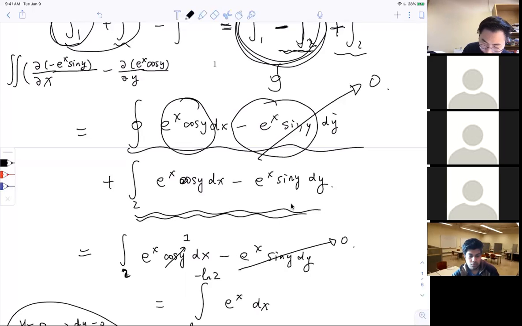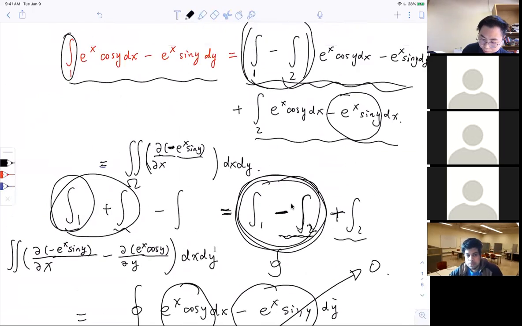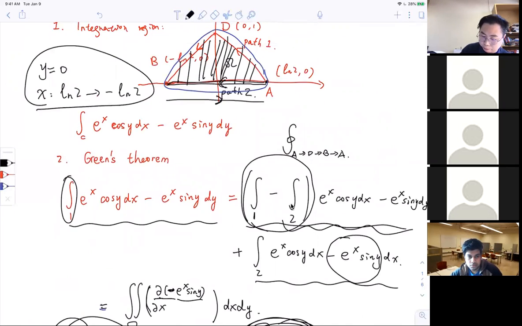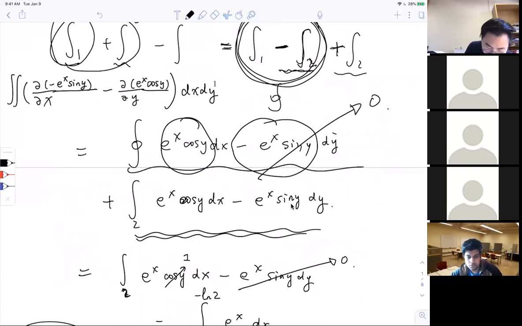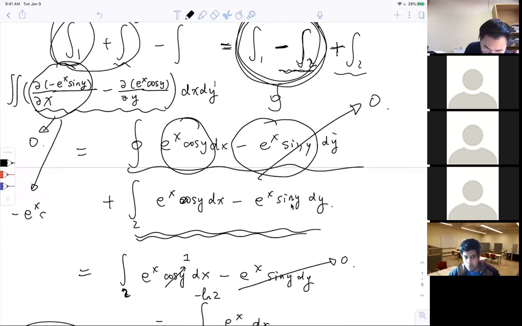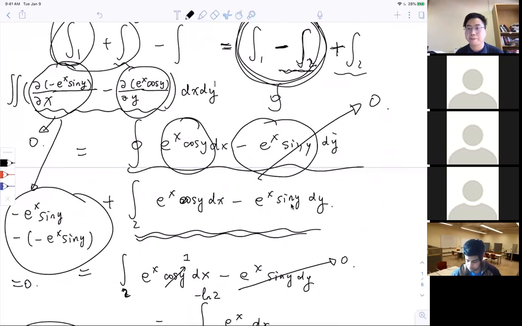And this integral is over the region within the triangle, within the loop. So you can say this integrand is 0, right? You take a partial x: the first term gives us minus e^x sine y. Minus this term: cosine y, take a derivative, get a minus sine y. This is 0. Okay, that makes sense. Thank you.